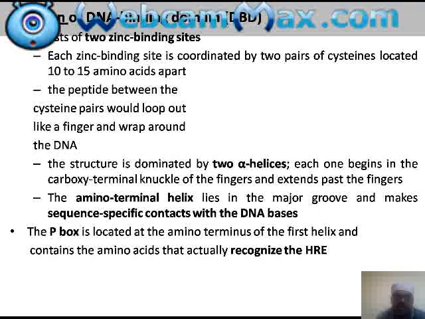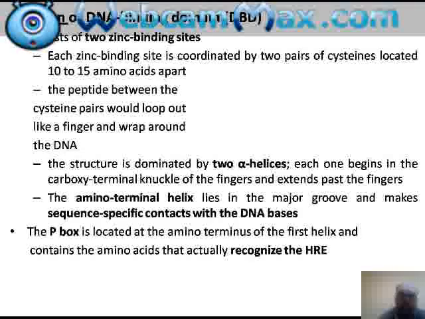These two helices are separated by 10 to 15 amino acids, and these are finger-like projections which project out and wrap around the DNA. The amino terminal helix lies in the major groove and makes the sequence specific contact with the DNA base.